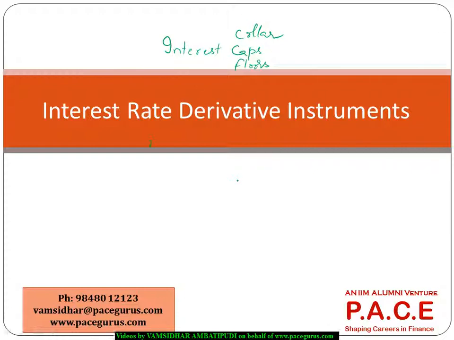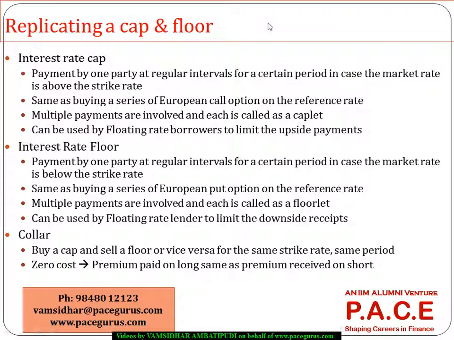So these are the three instruments which are more important for us. Of course, once we understand the cap and the floor, we can very well talk about the collar on the same lines. Now, whenever we talk about an interest rate cap, as the word itself is saying, I am putting a cap on the interest rate.